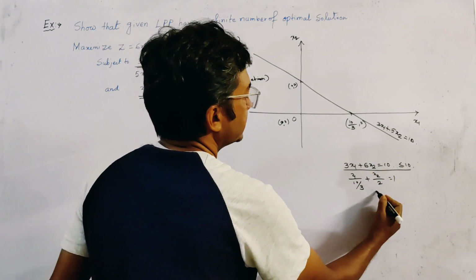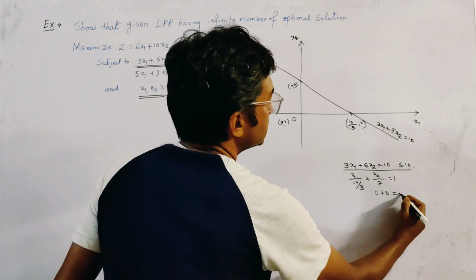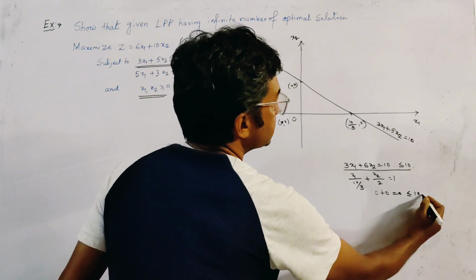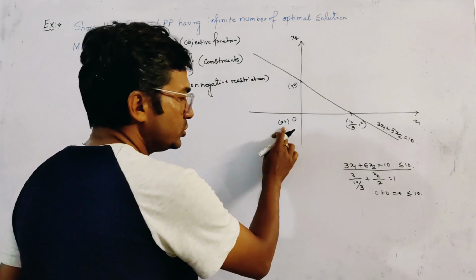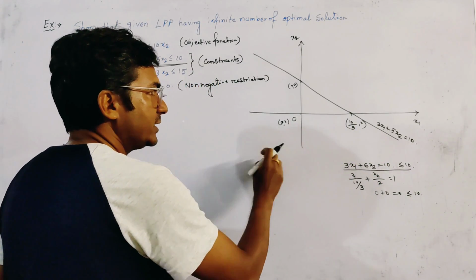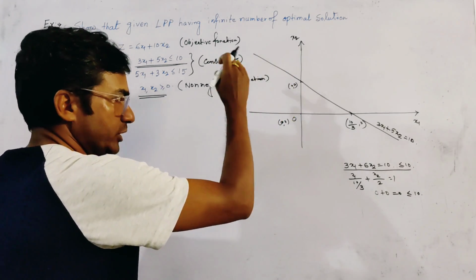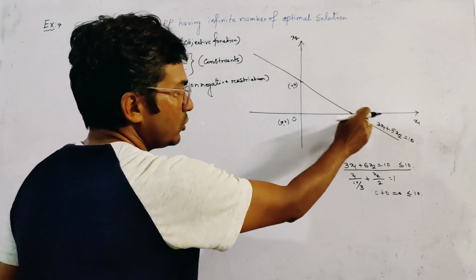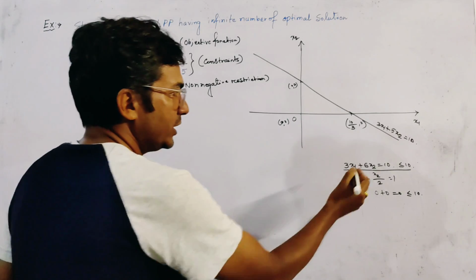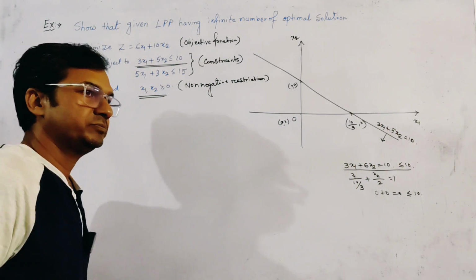Then 3 into 0 plus 5 into 0 equals 0, and it is obviously less than or equal to 10. So (0, 0) satisfies this condition, so the region of this line lies towards the origin, and we indicate this by an arrow towards the origin.